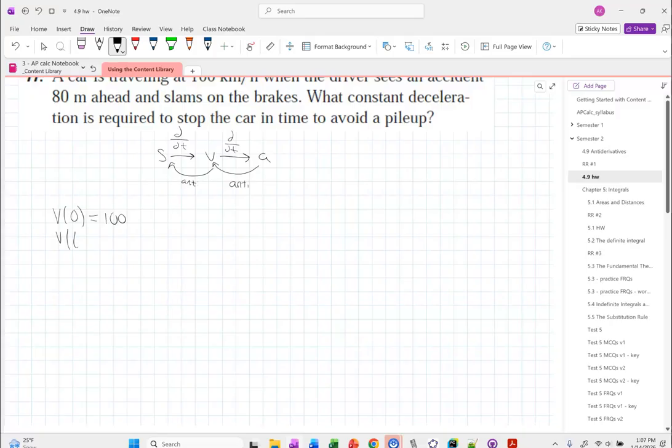Now, v of some future time, I need it to be 0, right? I need to stop at some time later than 0 in the future so that I don't smash my car into the accident ahead. Are you okay with that? We're told that accident is 80 meters away. So my position at time 0, let's make that 0.